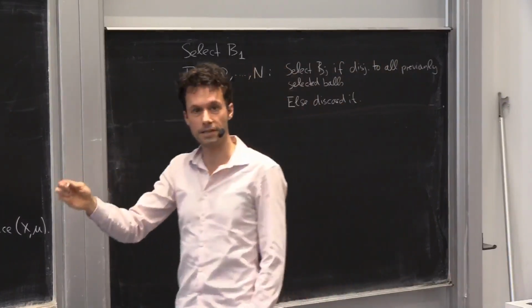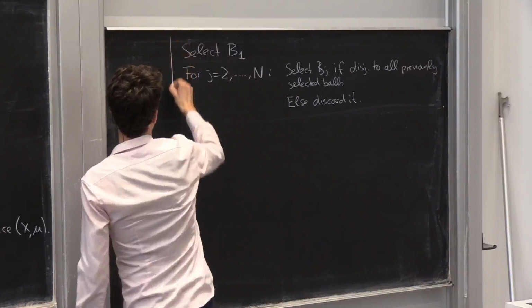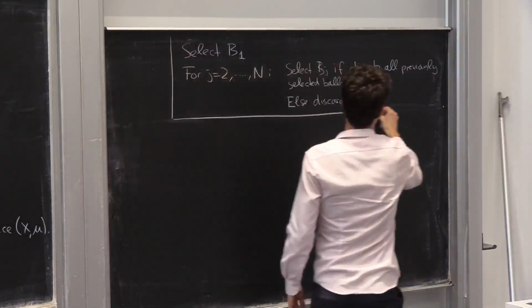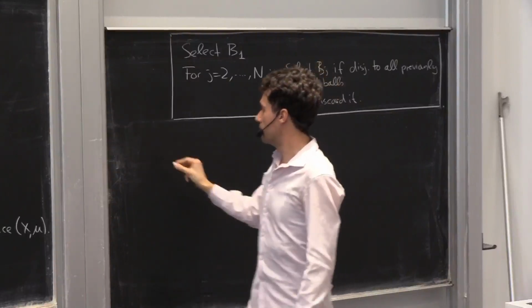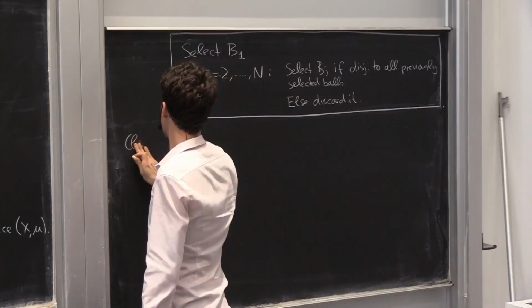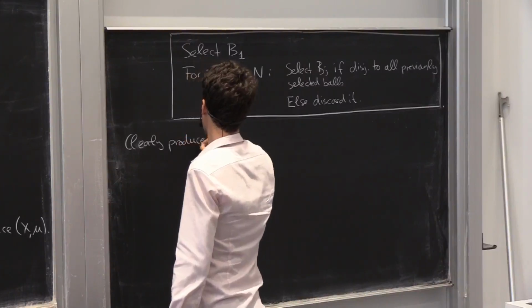Just go through it, and every time I still have to pick something, I pick the largest possible thing if it's admissible. That's the algorithm to prove the Vitali covering lemma. So clearly it produces a disjoint collection.